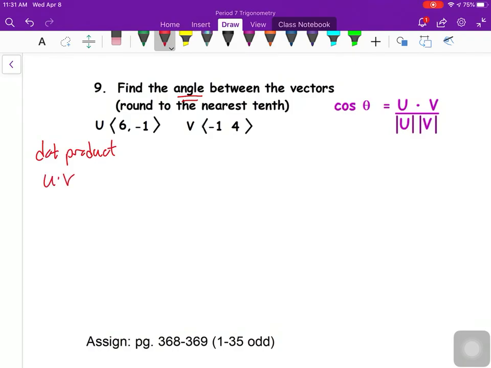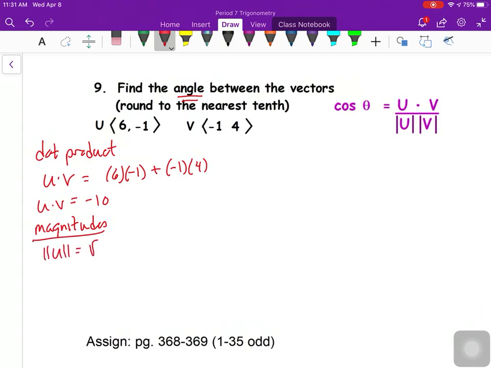Let's try one of these problems. So here we're looking for the angle between these two vectors. We need the dot product. So we need u dot v. That's going to be 6 times negative 1 plus negative 1 times 4. The dot product would be negative 6 and negative 4 is negative 10. Okay. We also need the magnitudes.